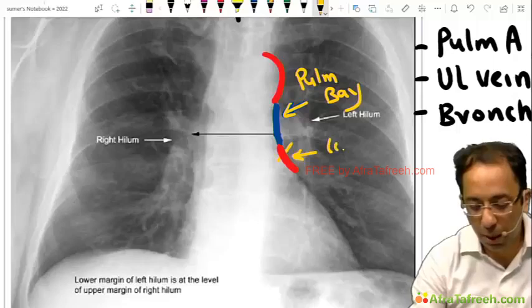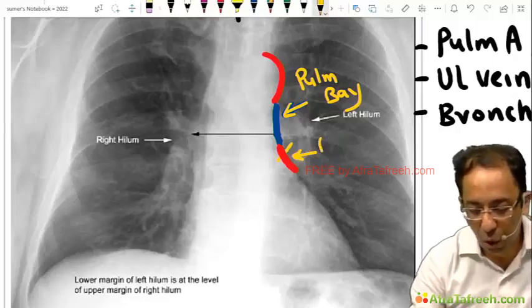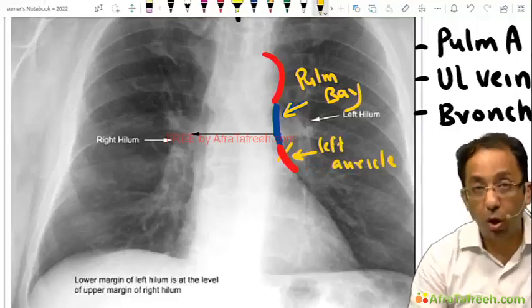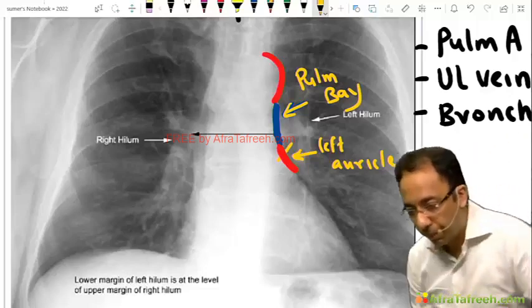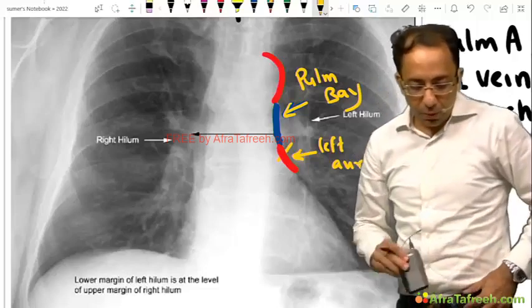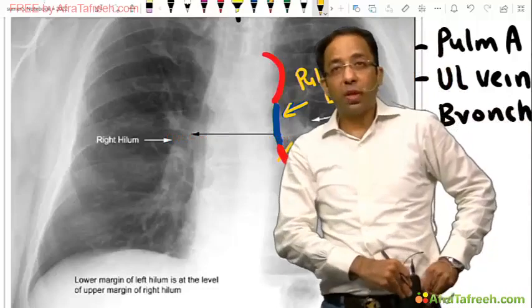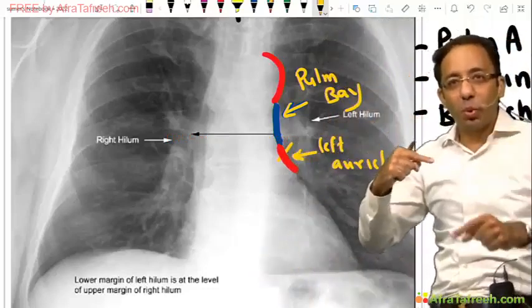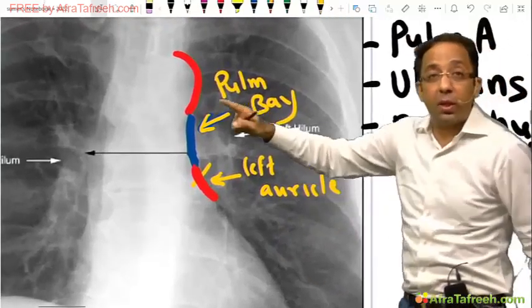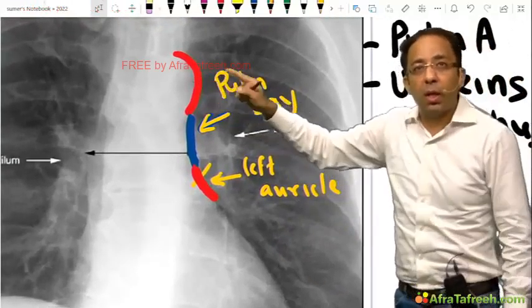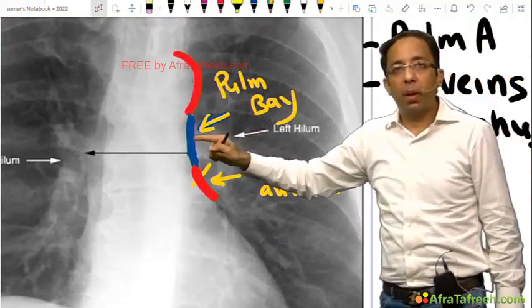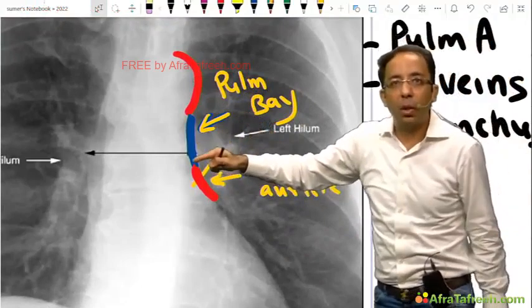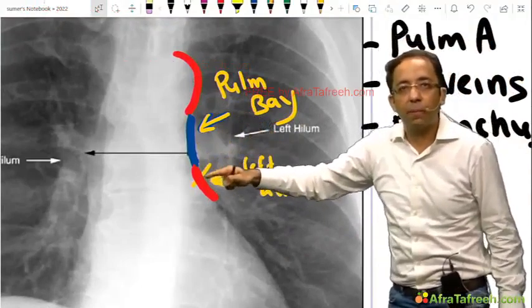This is the bulge, or this is the area where we have the left auricle or left atrial appendage. I will, don't worry beta, I'll show you everything. But instead of thinking of what I am not showing, see what I am showing to you beta. Right? Look. This is your aortic knuckle. Below it you have the pulmonary bay. Below it you have the left auricle.